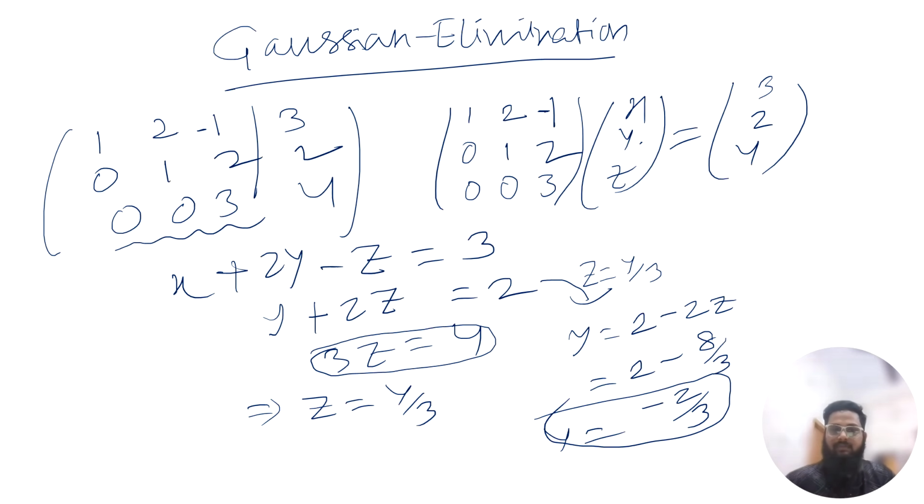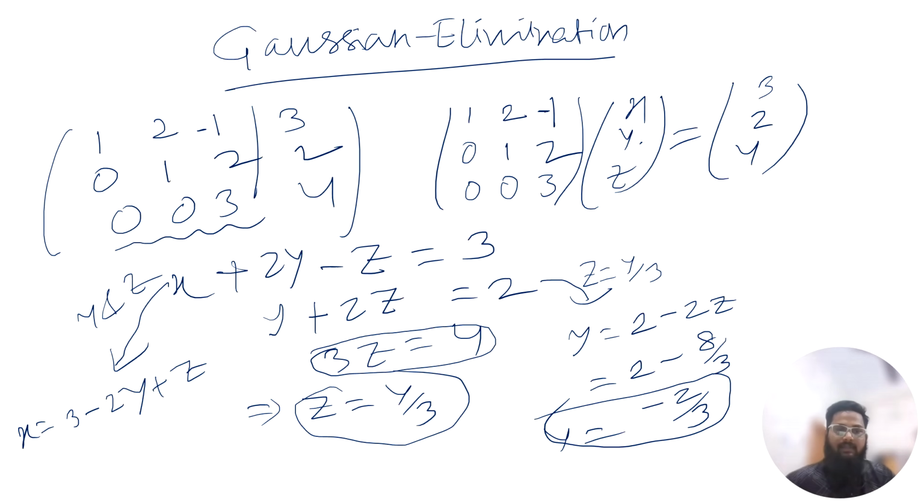This is the y value, this is the z value. Substitute y and z in the first equation. So you will get x equal to 3 minus 2y plus z. That means 3 minus minus plus 4 by 3 plus 2 by 3. So this is 3, 9, 9 plus 4 is 13, plus 2 is 15 by 3. So 5.